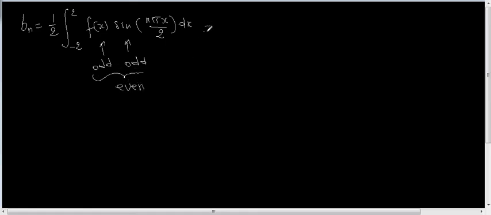That means instead of integrating between -2 and 2, I could just integrate between 0 and 2 and multiply the result by 2. But since we have here 1 over 2, at the end we have integral between 0 and 2 f of x sine n pi x over 2 dx.